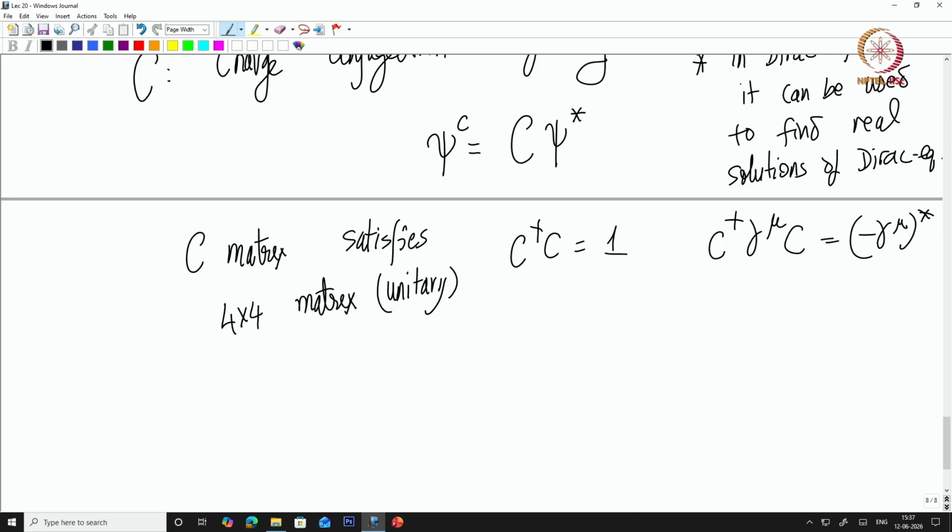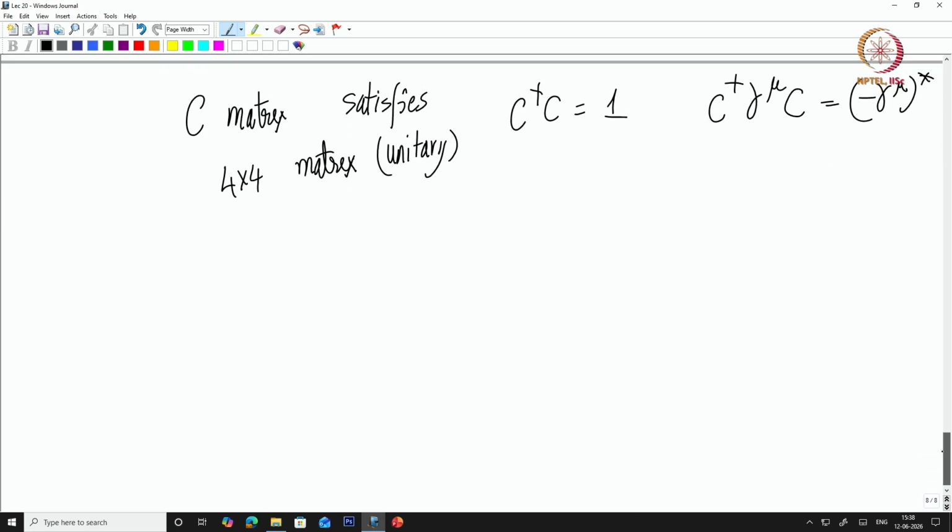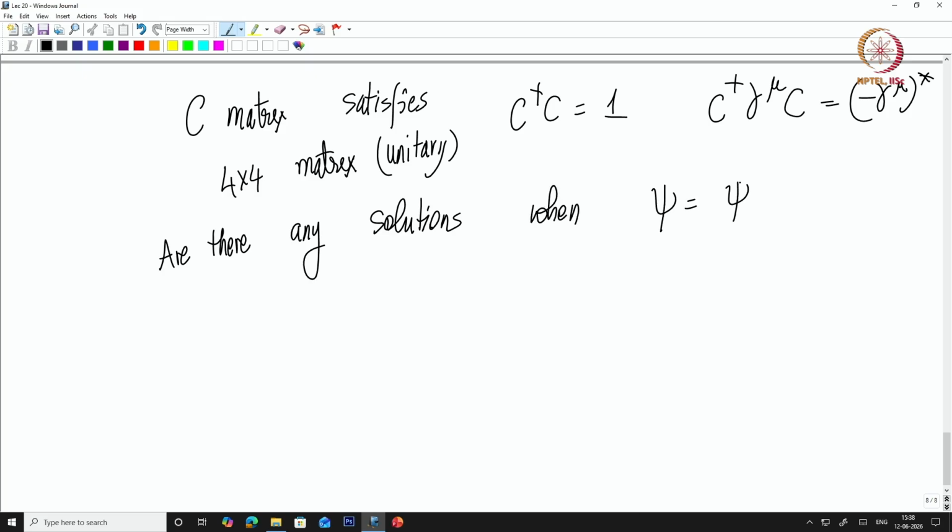Now, if you want to ask the question, if psi is equal to psi c, are there any solutions when psi is equal to psi c, where psi c is equal to c times psi star essentially.